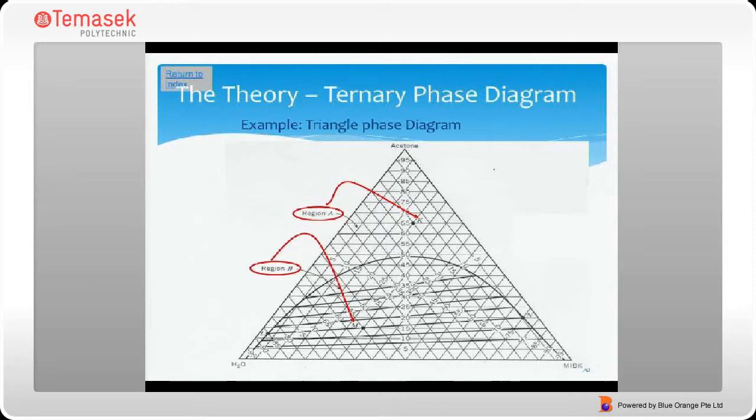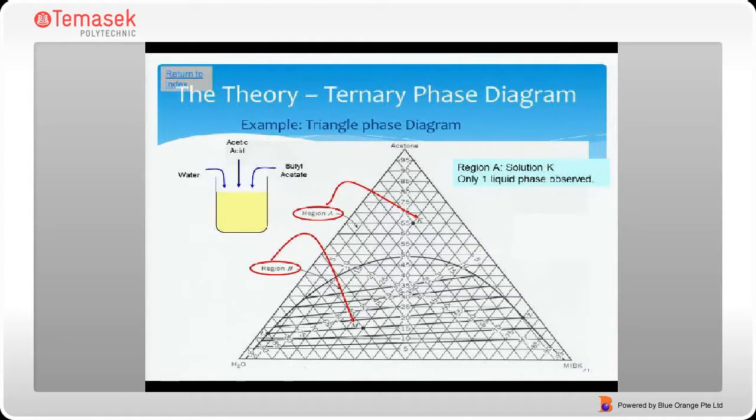Notice that there are two regions within the diagram. Outside the solubility curve, region A, and inside, region B. If a solution has a composition which lies in region A, for example point K, it means that only one liquid phase will be observed within the beaker.